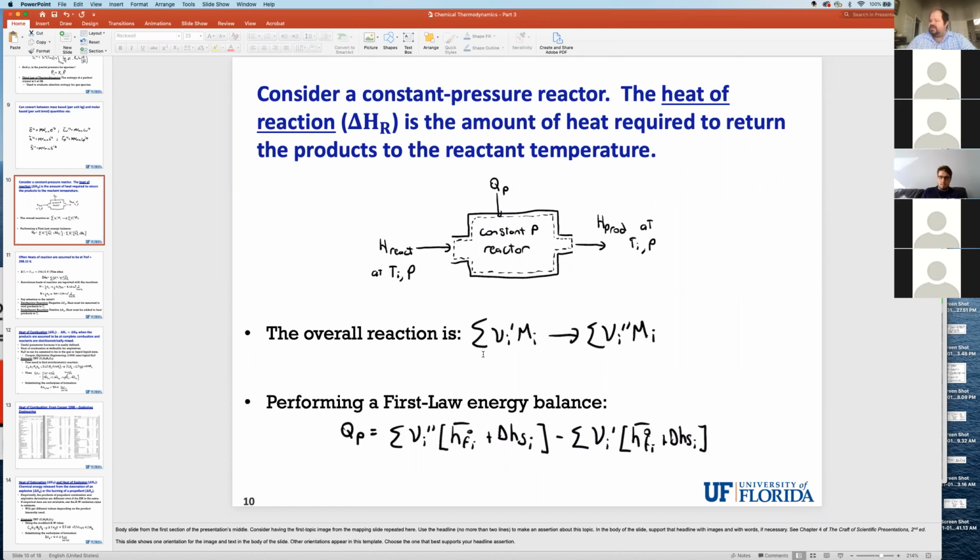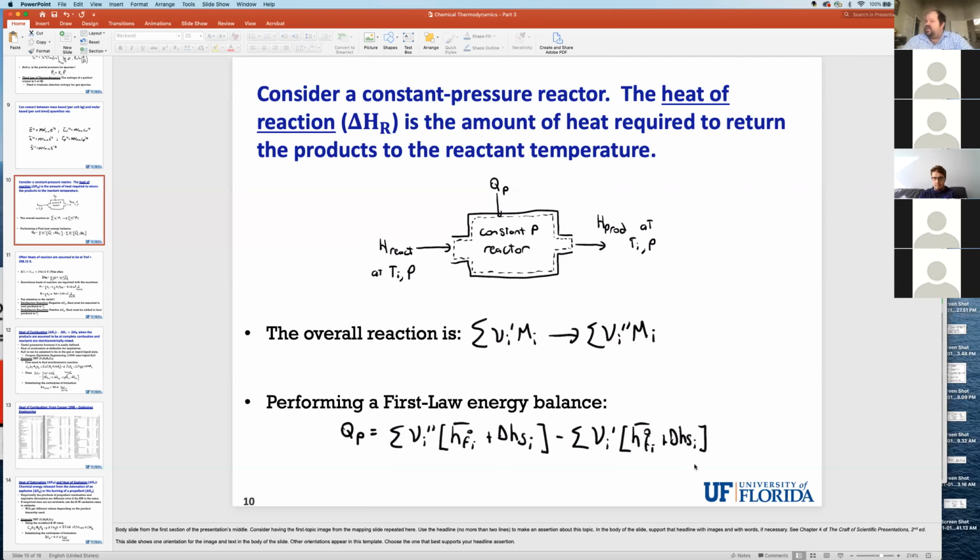So the overall chemical reaction is the same one I've done before: the sum of nu I prime times species I goes to the sum of nu I double prime of species I. We can do a first law energy balance, assuming steady state, steady flow conditions.